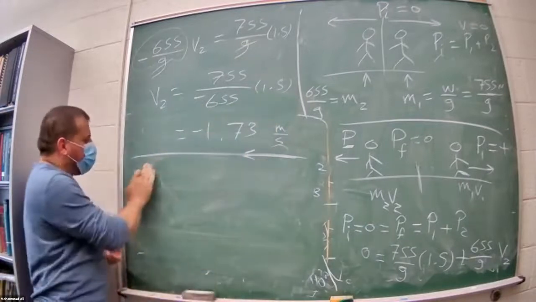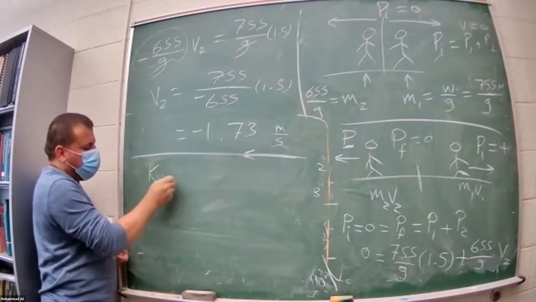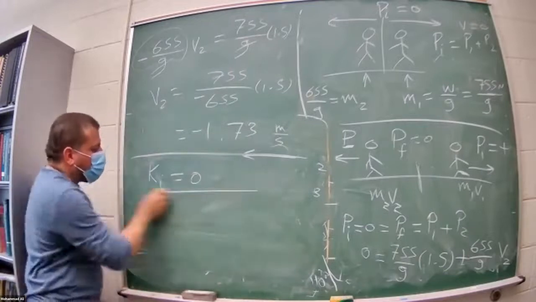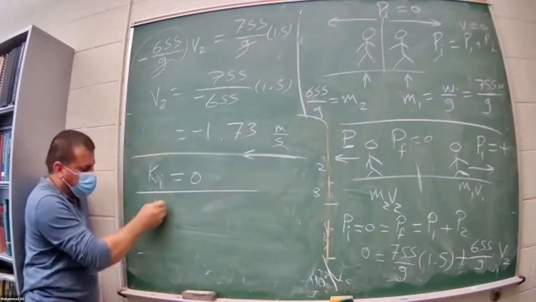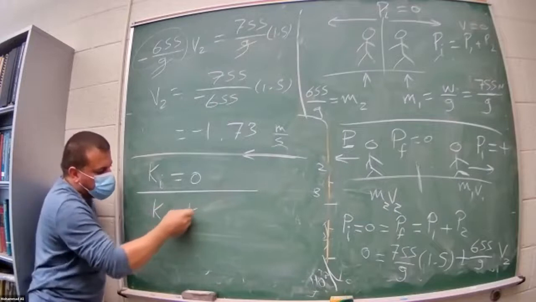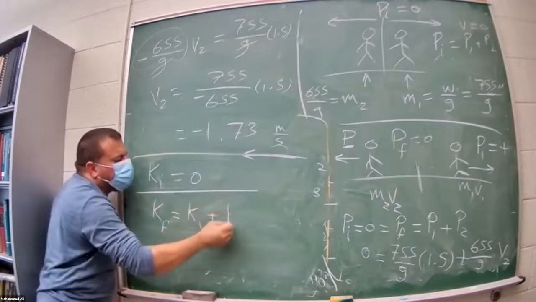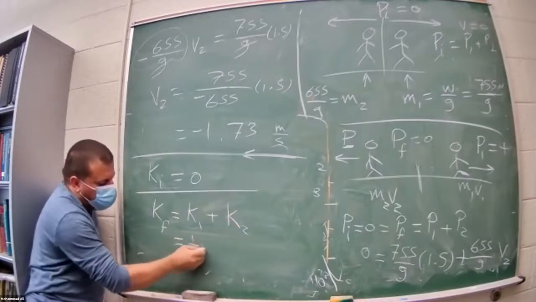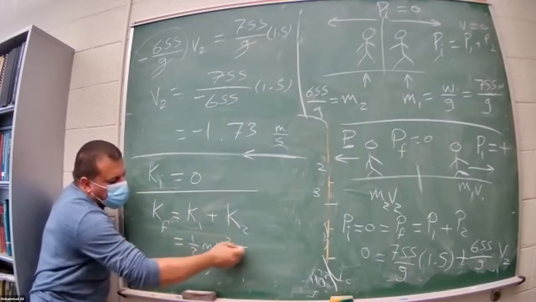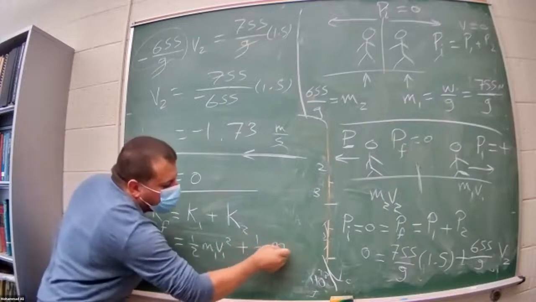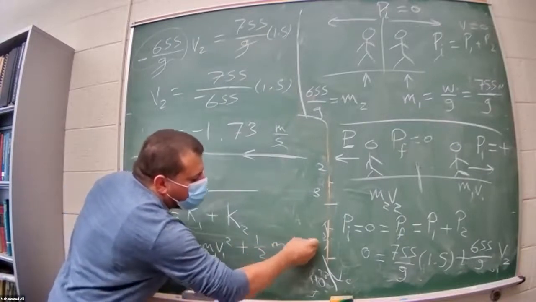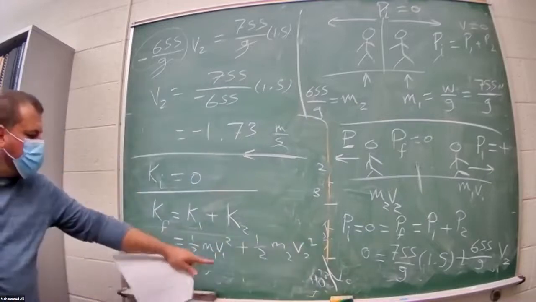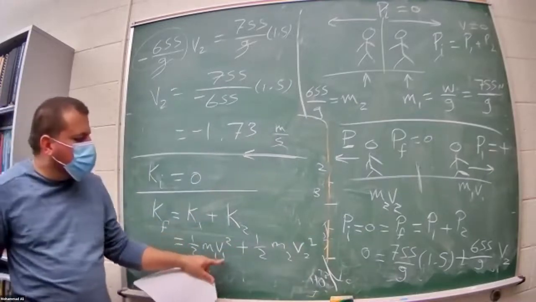The kinetic energy initially is equal to 0 because the velocities are 0 for both of them. What about the kinetic energy later? Kinetic energy finally is equal to the first one's kinetic energy plus the second one's kinetic energy. This will be equal to 1/2 m1 v1 squared plus 1/2 m2 v2 squared. We have the masses. Half is a constant. The velocities, we have them.